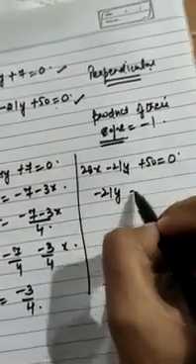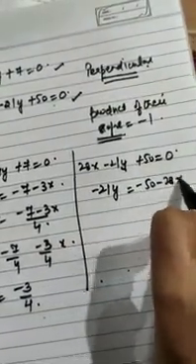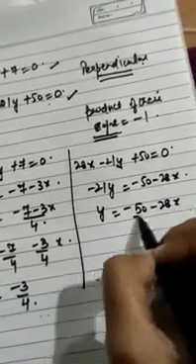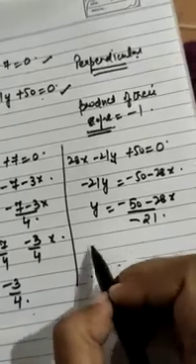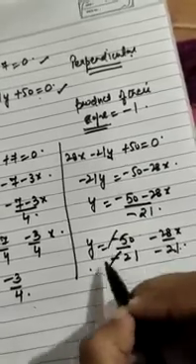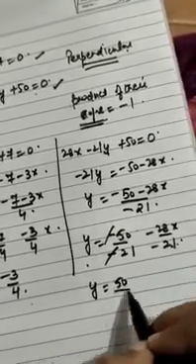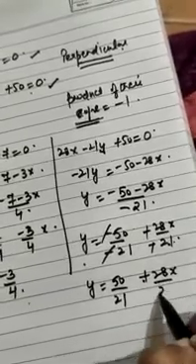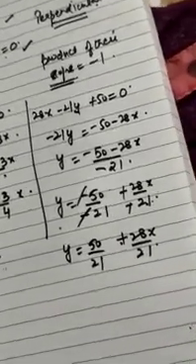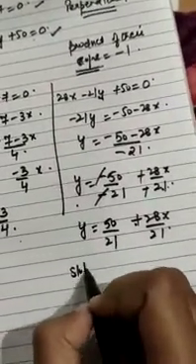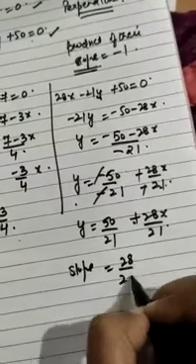Minus 21y equals minus 50 minus 28x. Y is minus 50 minus 28x by minus 21. So y is equal to minus 50 by minus 21 minus 28x by minus 21. Minus minus cancel, 50 by 21 plus 28x by 21. Now the slope here, the coefficient of x, is 28 by 21.